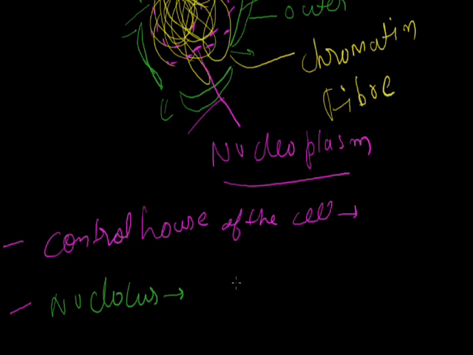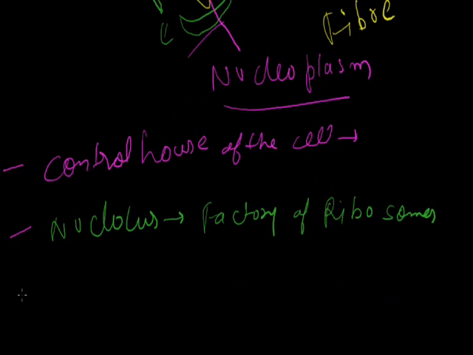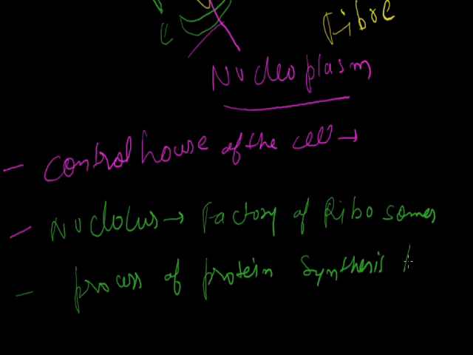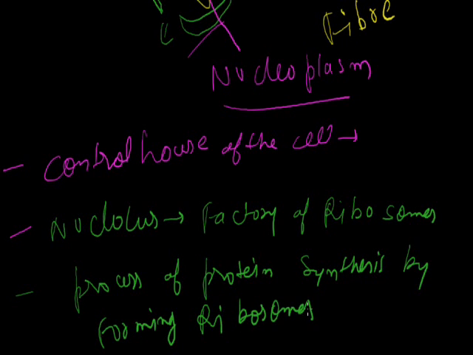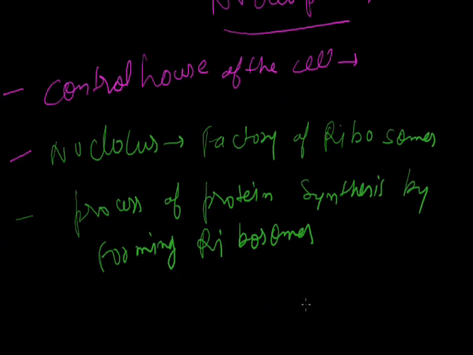The nucleolus is a very important structure of the nucleus. Basically, it is known as the factory of ribosomes. It means it helps in the process of protein synthesis by forming ribosomes, and ribosomes play a very important role in protein synthesis.